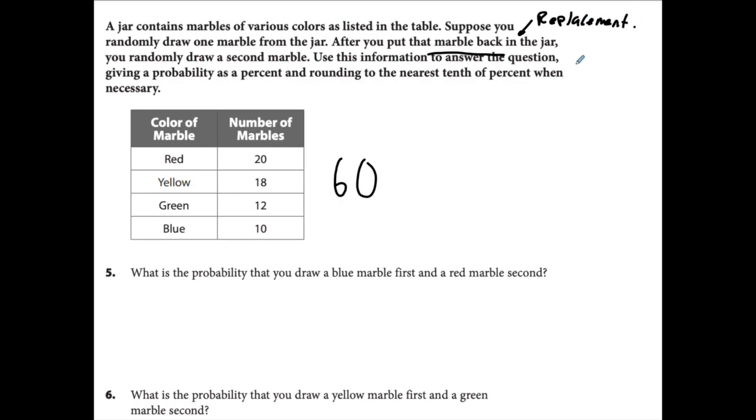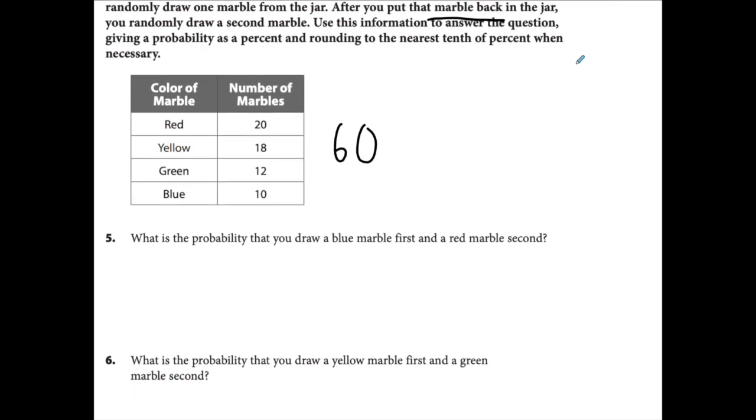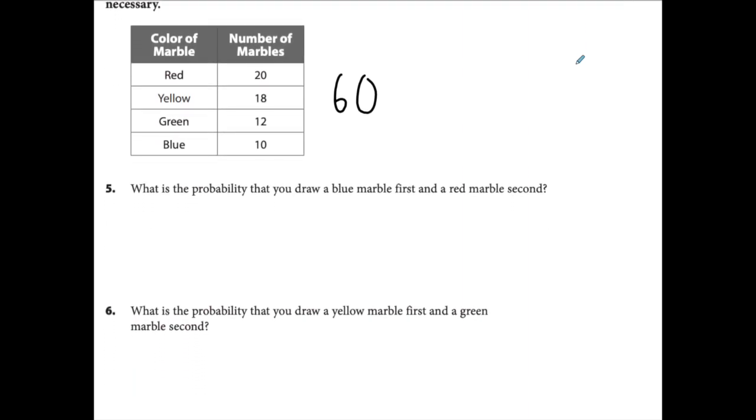I then randomly draw a second marble. Use this information to answer the questions, giving a probability as a percent and rounding to the nearest tenth of a percent when necessary. So this is an independent event. And why?